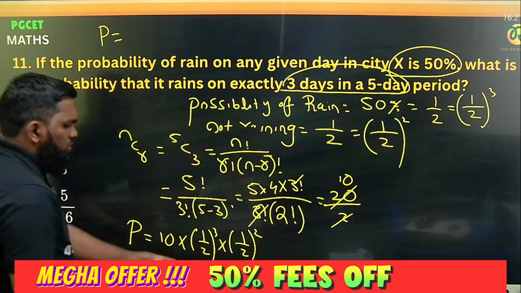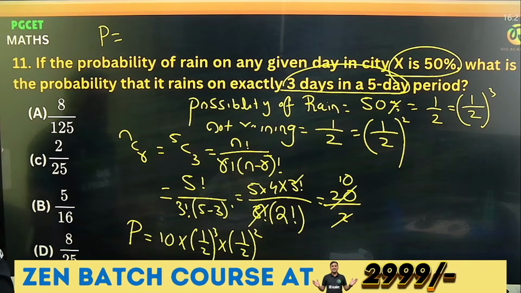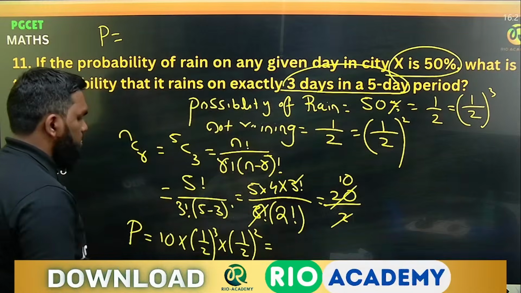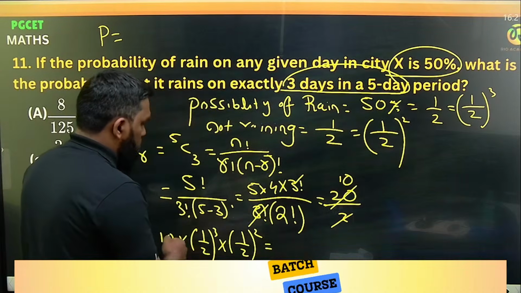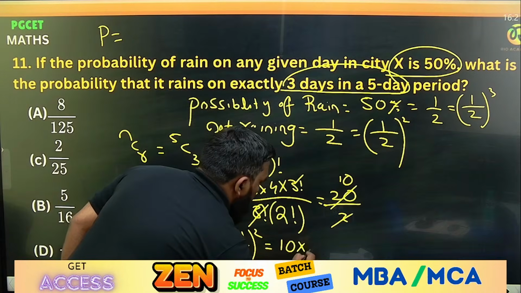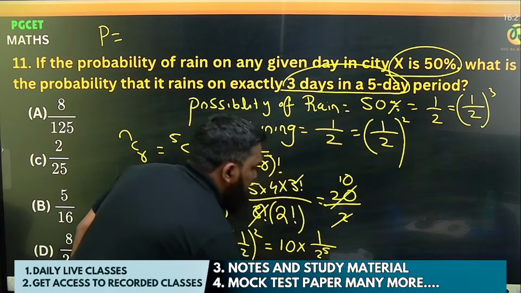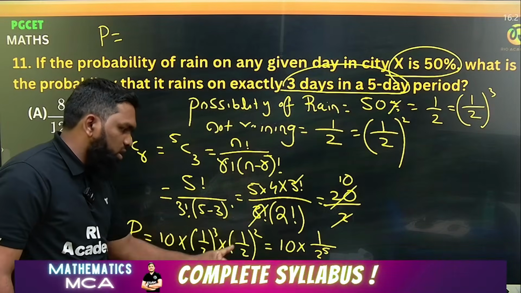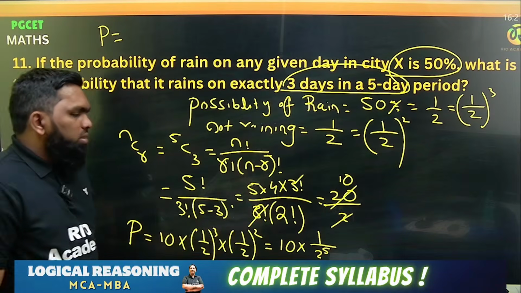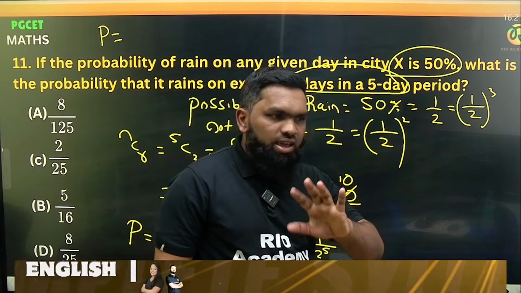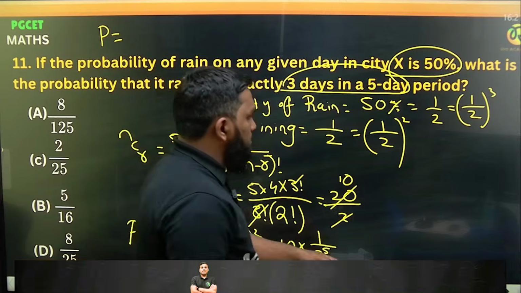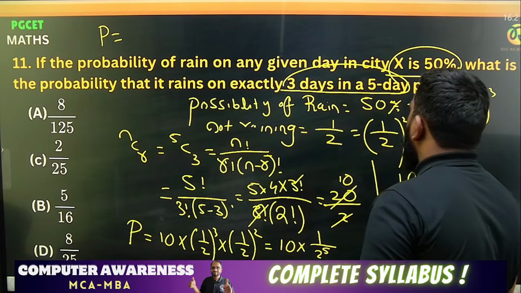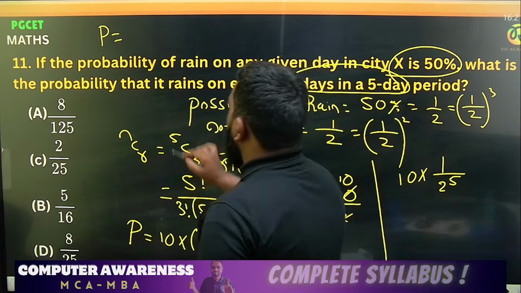Using the laws of exponents, because the bases are the same, the powers will be added. So it is 10 into 1 divided by 2 raised to 5. Now tell me what will be the answer for that: 10 into (1/2) raised to 5.